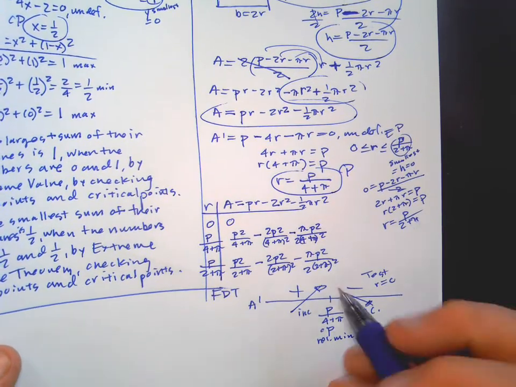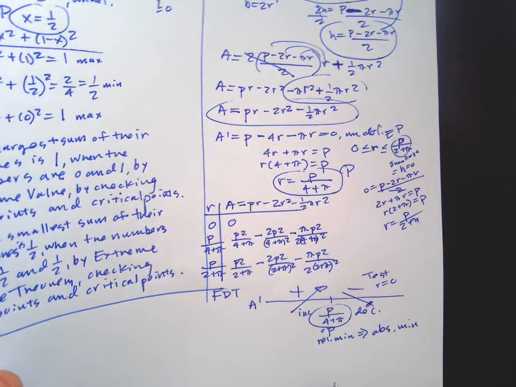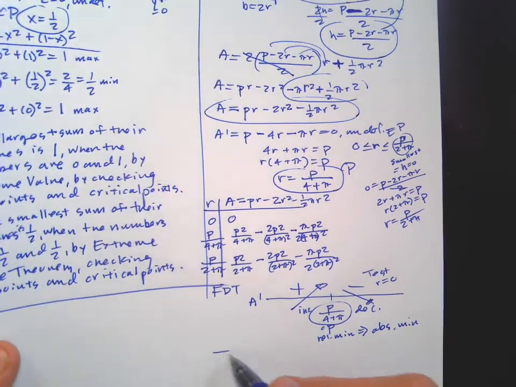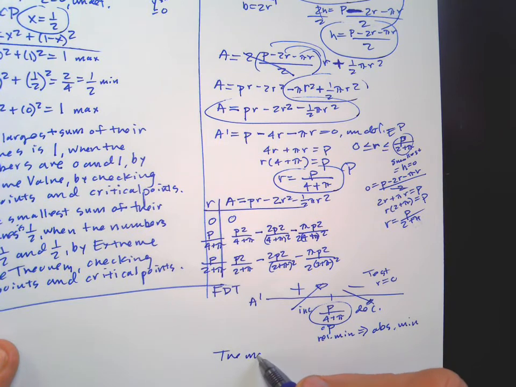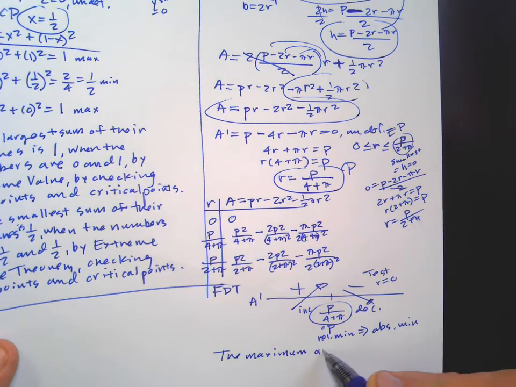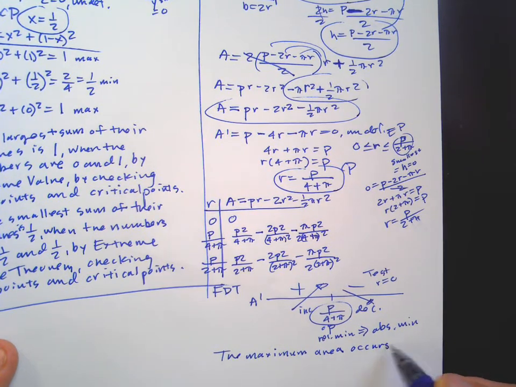And so this is the location of the absolute max. So we're going to say the maximum area occurs when r equals P over 4 plus pi.